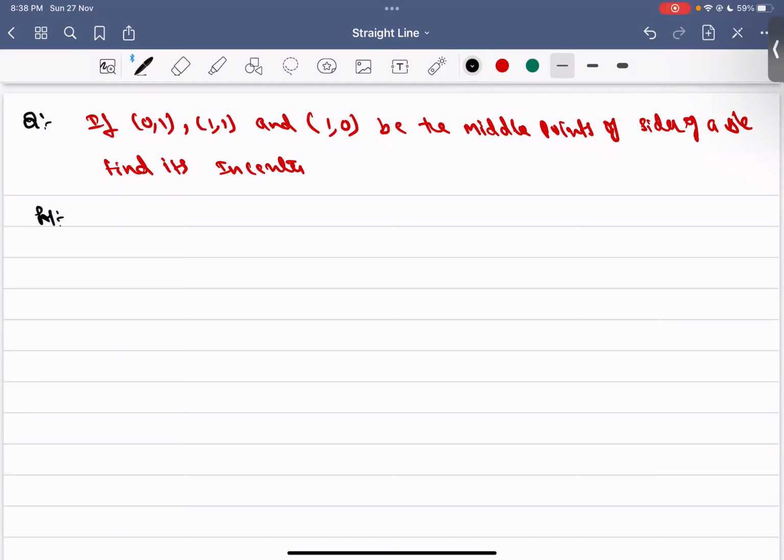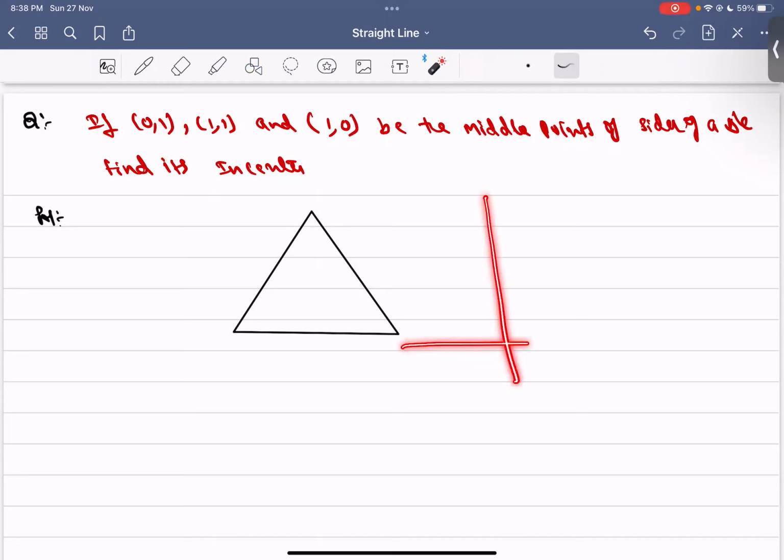So here I will draw a rough diagram. Suppose this is the triangle. In coordinate geometry, whenever you require the fair diagram, then only you draw the fair diagram. Otherwise, just solve the problem with the help of a rough diagram only. Generally, we take the coordinate axis reference frame, put the locations of the points, then draw the diagram.